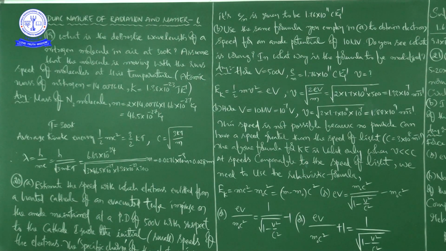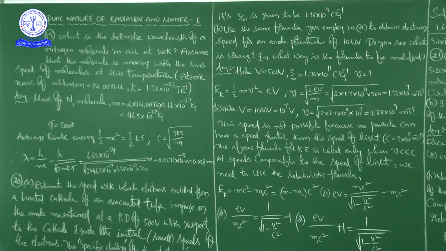See here and listen carefully. First, we have written here the given values: V is equal to 500 volts, e by m is 1.76 into 10 to the power of 11 coulomb per kg, and v is equal to question mark. We are equating these two. This is the kinetic energy, and this is the product of e and V. It is also energy only, no?